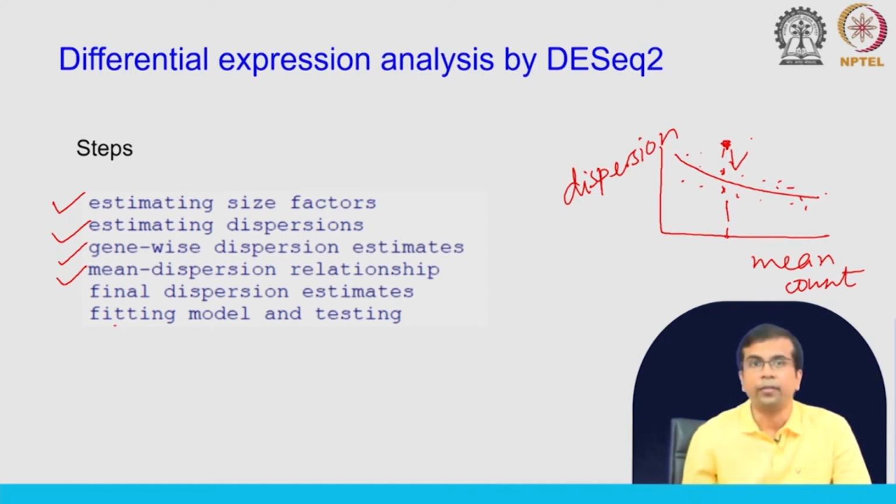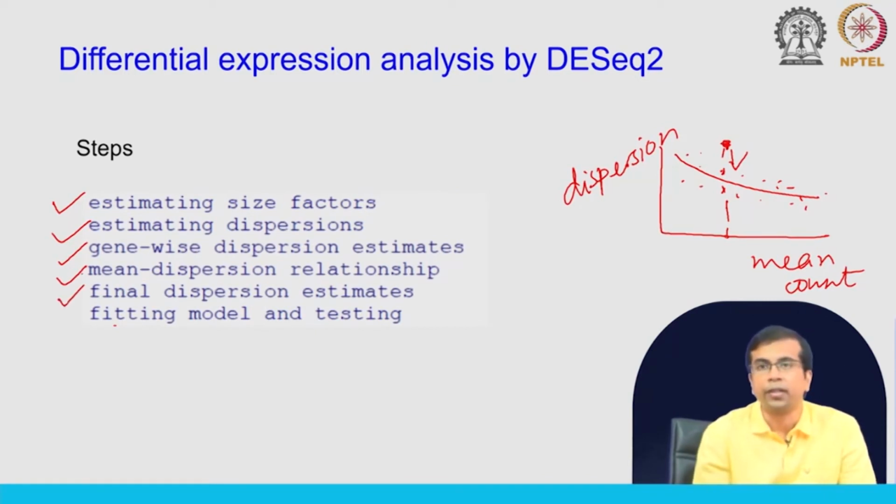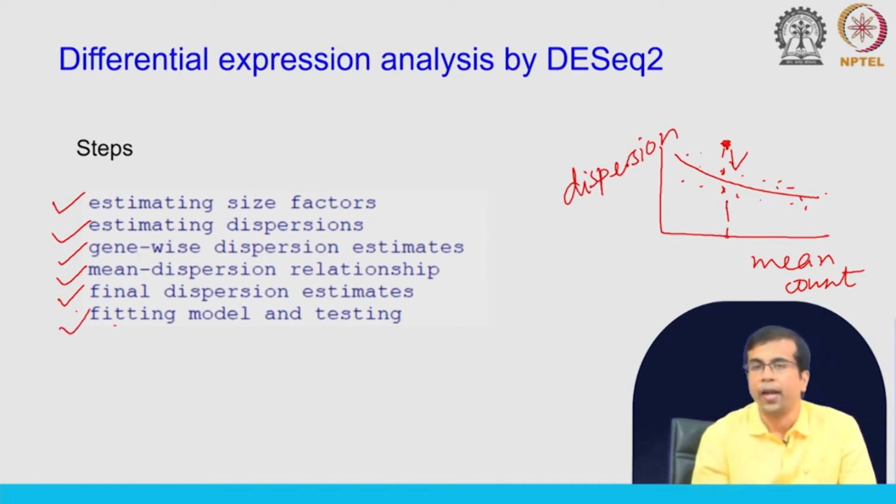By doing that, it will generate the final dispersion estimates. This is what is meant by final dispersion estimates, because it is doing this dispersion shrinkage. And then the final step is fitting the model and testing. Fitting the model is this generalized linear model, and the testing part is the hypothesis testing.